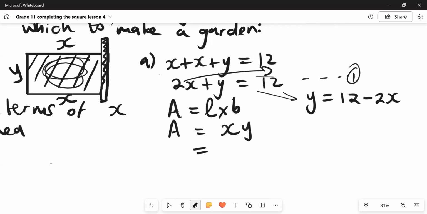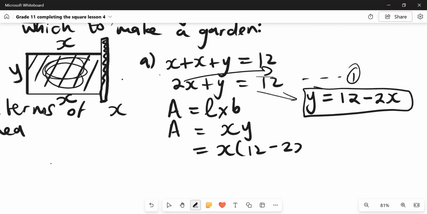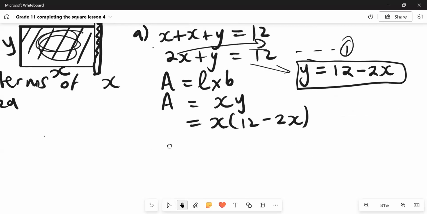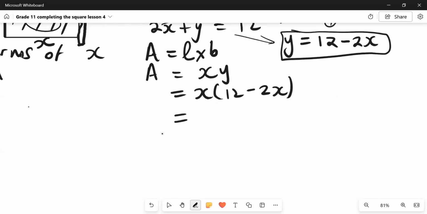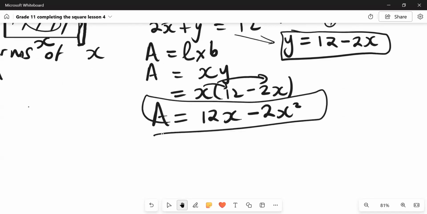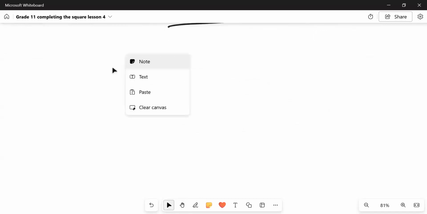So now in place of Y, we have to substitute 12 minus 2X. So you have your X there, and then your 12 minus 2X. Remember, we're still looking for the expression of the area in terms of X. And then from here, you just distribute. So this will be our 12X minus 2X squared. That's your area, which is expressed in terms of X, right? And then we're done. We'll move to B.